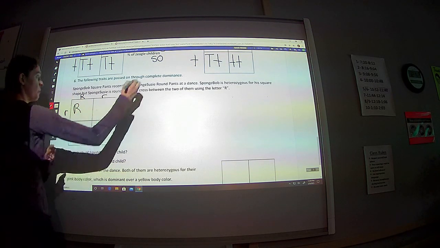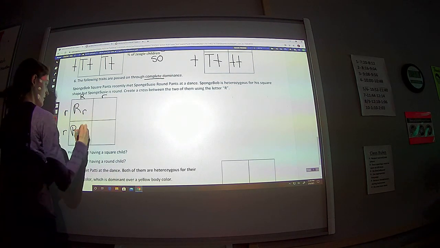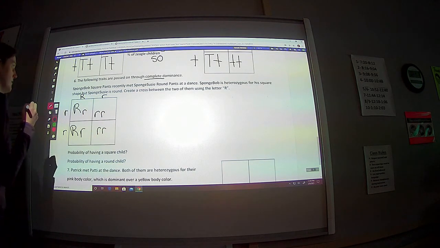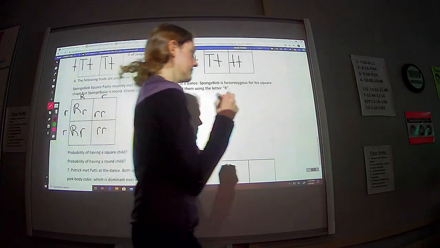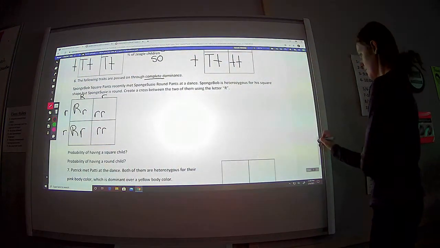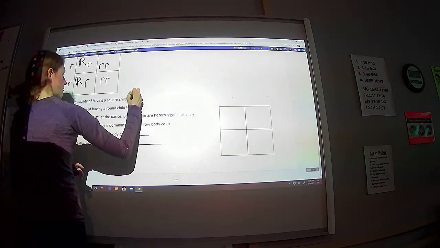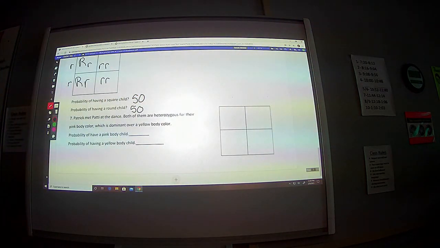And these are done through complete dominance. Probability of having a square child would be 50%, 50%. When you do complete dominance, you only have two phenotypes. There is no blending where both of them are not shown.